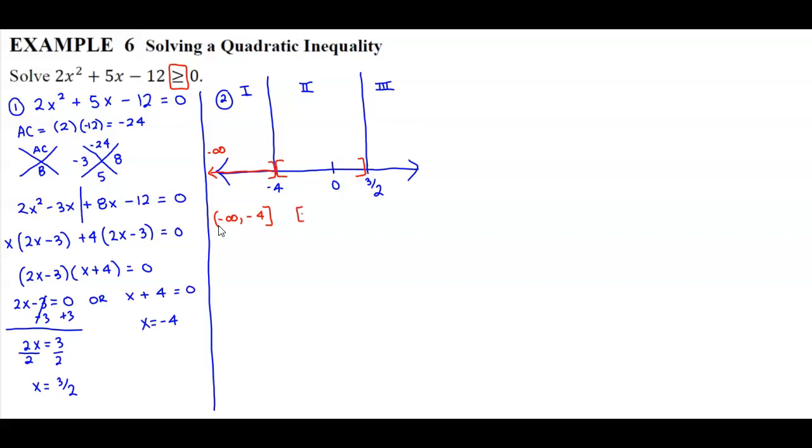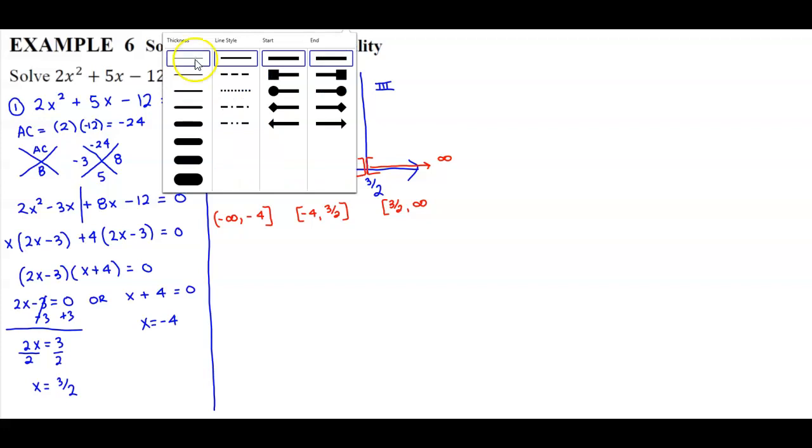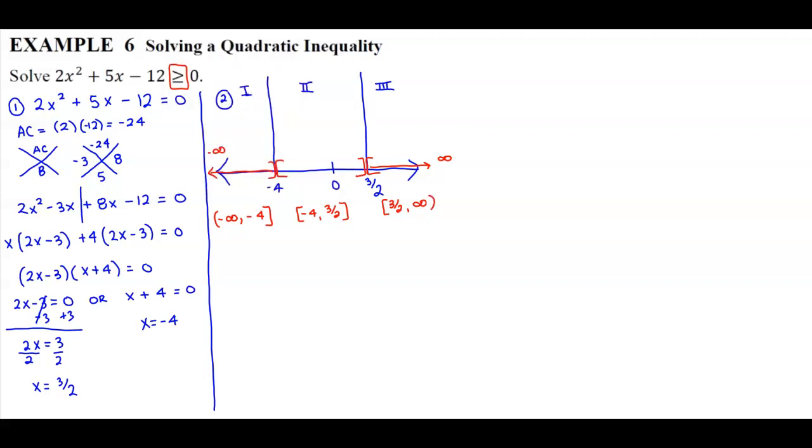So that region is going to go from negative 4 to positive 3 over 2, and they both have brackets. And then the last region is going to go from 3 over 2 to positive infinity. Now remember that infinity never uses a bracket because it's continuous. So therefore, we do not use a bracket for infinity.